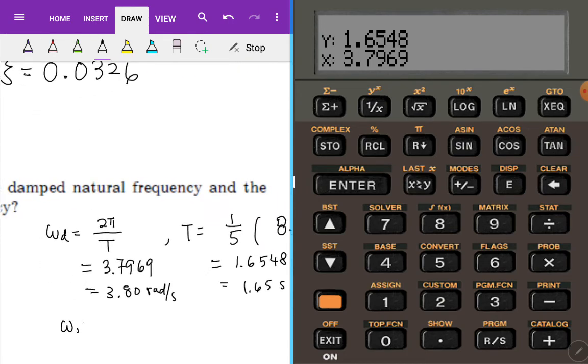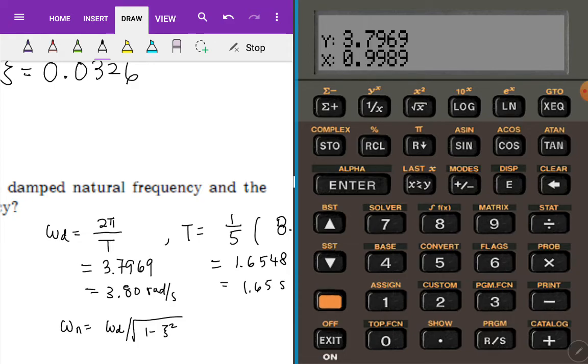Okay, so now I want to find the natural frequency. So omega n equals, how does it go? It's omega d divided by the square root of 1 minus zeta squared. Okay, ooh, should we try this one? Okay, so now I'm going to say enter. Okay, I'm saving that away. And now I'm going to calculate the 1 minus zeta squared. Whew. Okay, so 1, enter, zeta, 0.0326 squared.